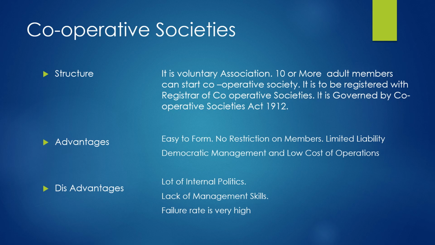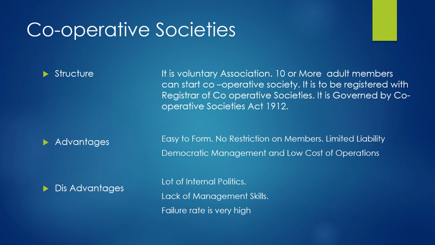Cooperative societies are managed by the directors elected by the members of the society. The advantages of a cooperative society are: it is easy to form, no restriction on members, limited liability, and democratic management.